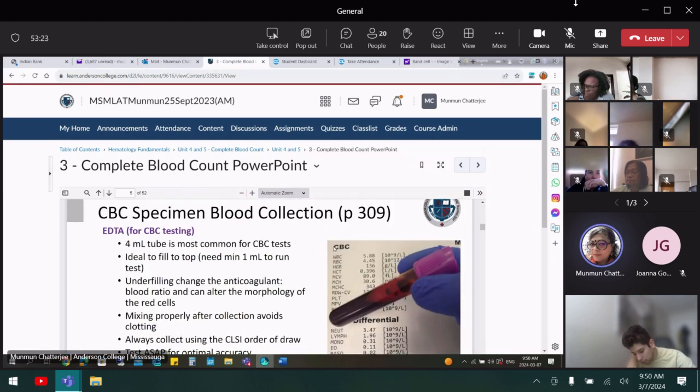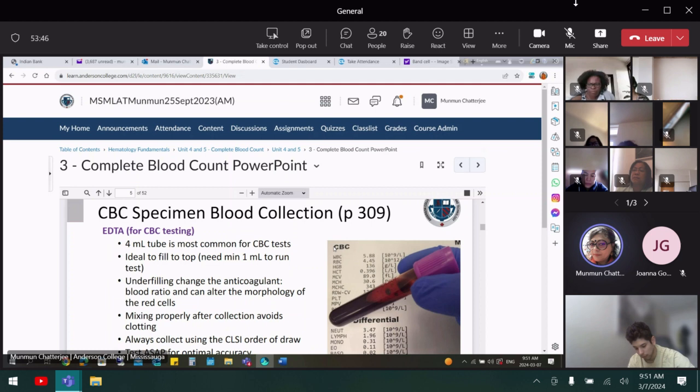So CBC specimen blood collection. In general, sometimes in some labs you have the bigger tubes, but whatever they tell you, you have to collect the volume, because otherwise excess EDTA is going to cause RBC what?